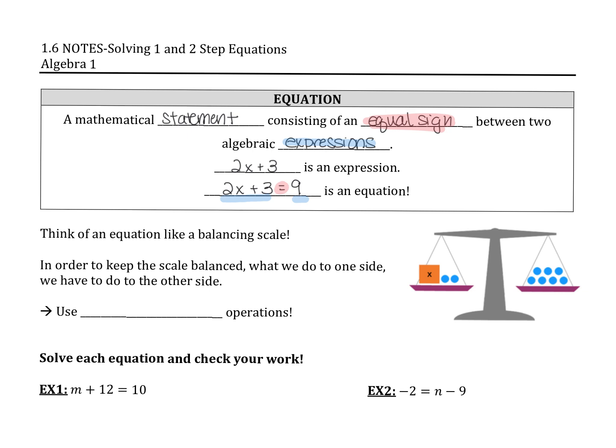What's nice about that is we can think about these equations kind of like a balancing scale. That equal sign is like the fulcrum, or the point that keeps everything balanced. So if I want the scale to be balanced, what I do to one side, I have to do to the other side.